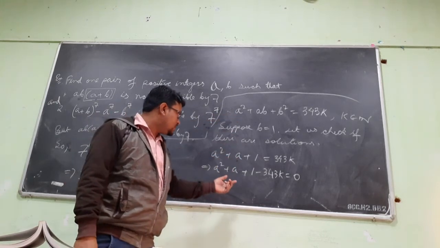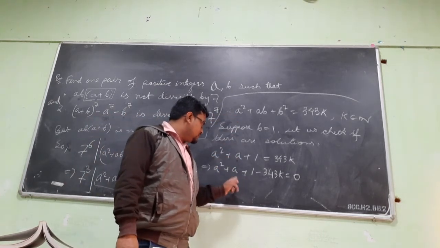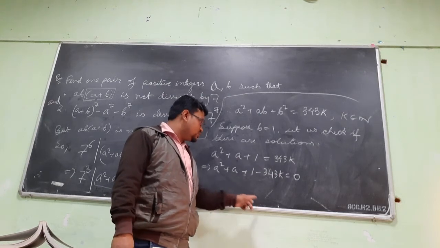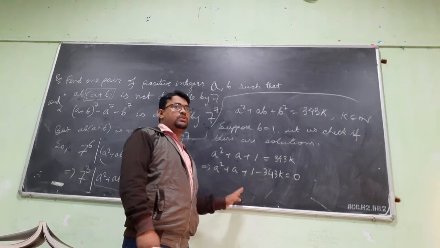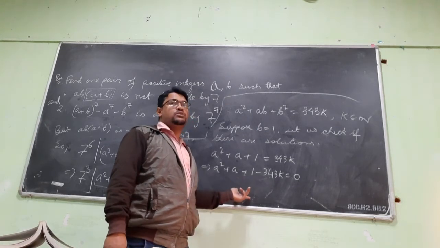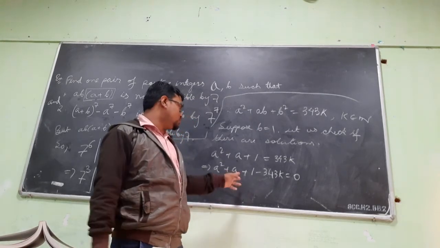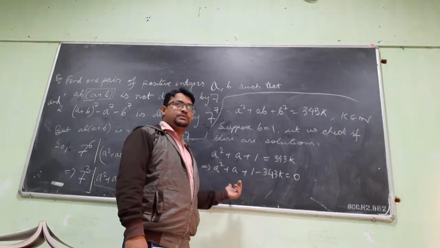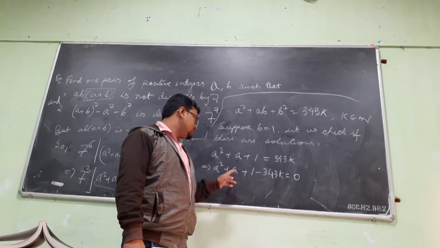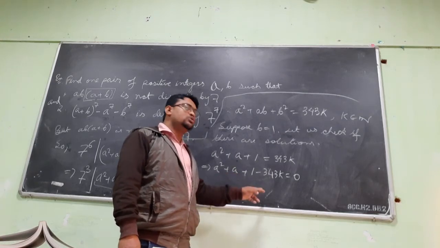So it is necessary that the discriminant should be a perfect square, otherwise it cannot have rational roots. Integer is also a rational number, so it's a necessary condition, but it's not sufficient.